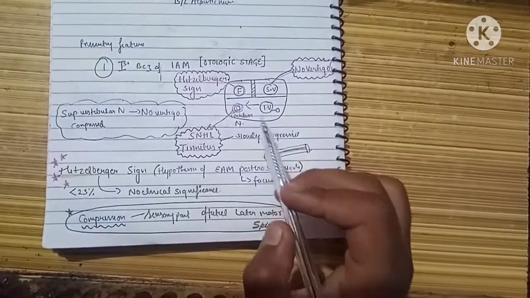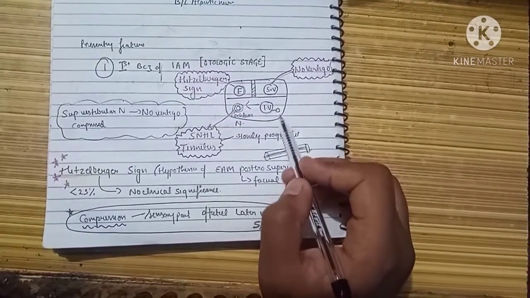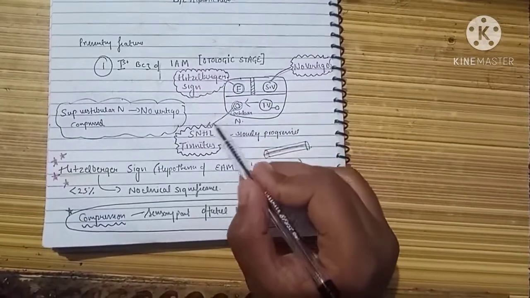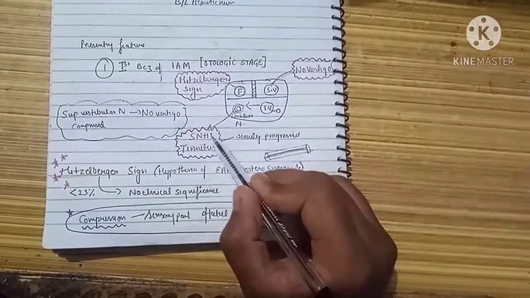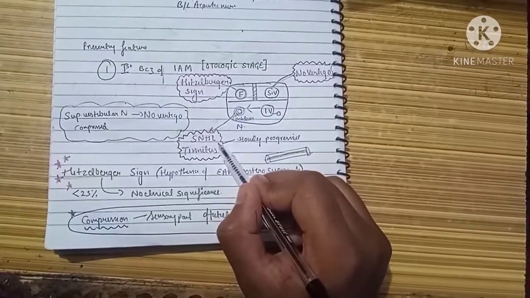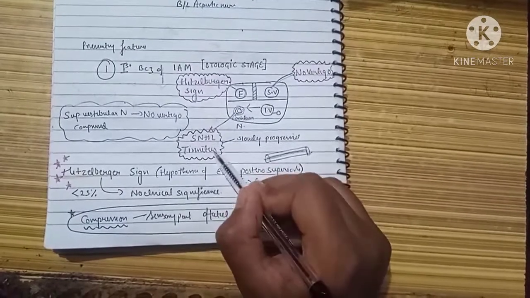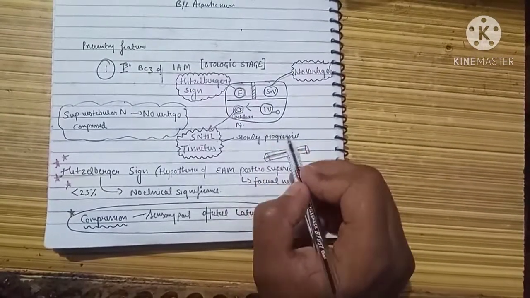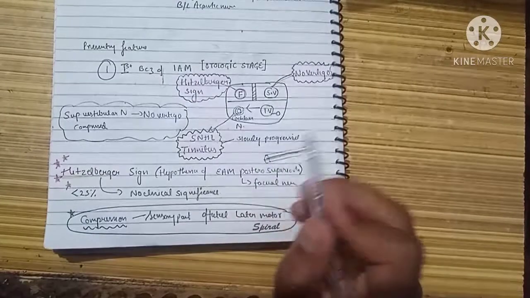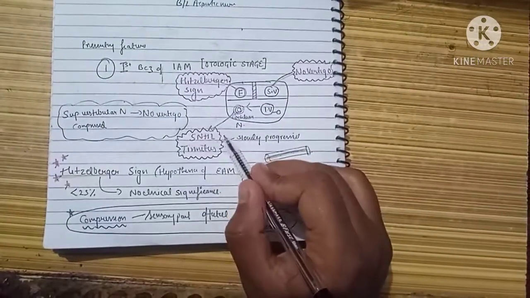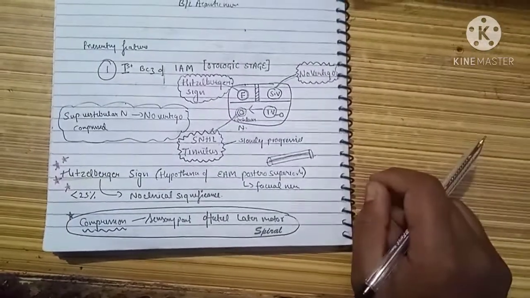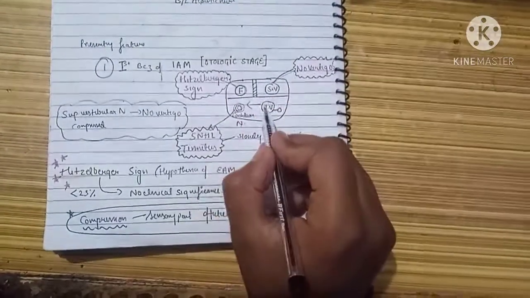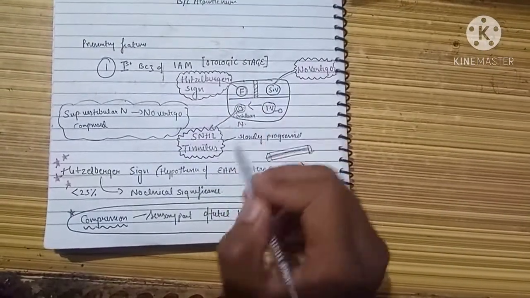Since this tumor is extremely slow growing, in most cases this sensorineural hearing loss will be very slowly progressing, and it will be accompanied by tinnitus. In some cases where cystic changes or hemorrhage have occurred, the sensorineural hearing loss will be profound and sudden. Next is the involvement of the superior vestibular nerve.